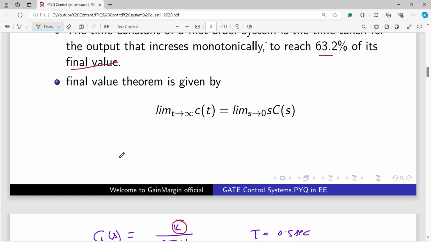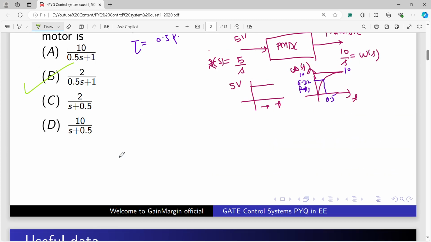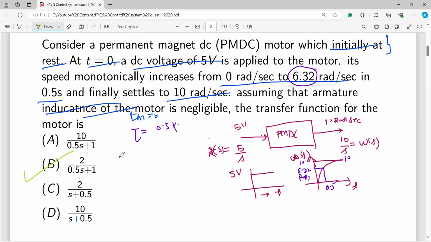And one more thing actually, this is an open loop system. Like in an open loop system, the input they gave is 5 volt, and we find the output, because we don't know the reference value here.